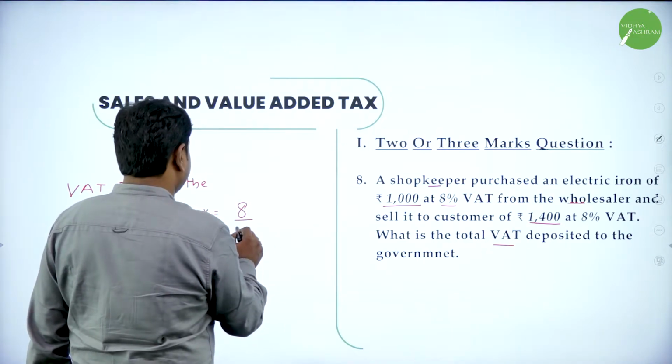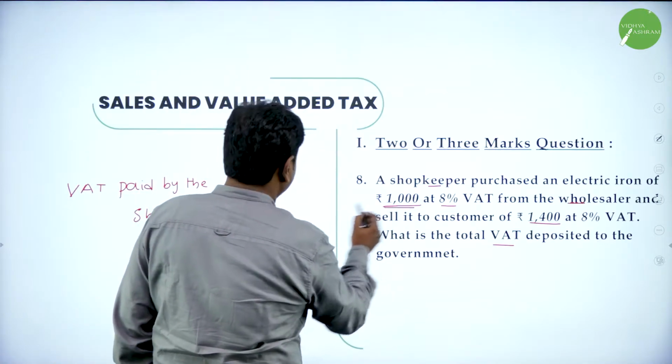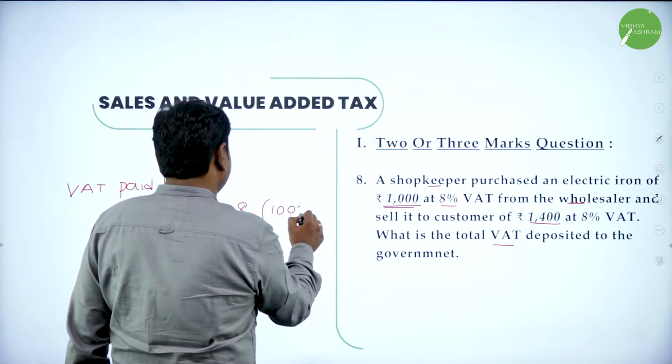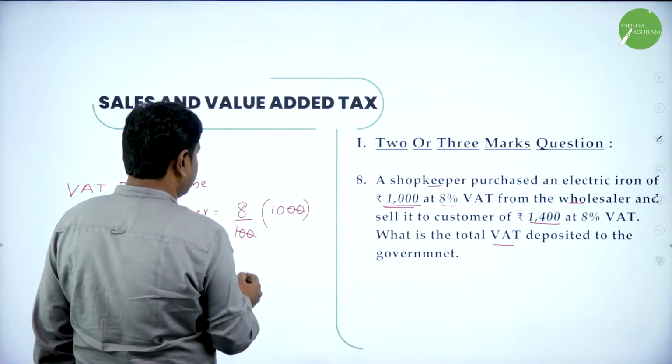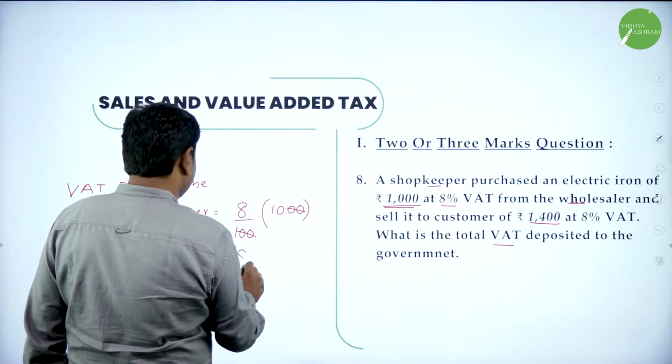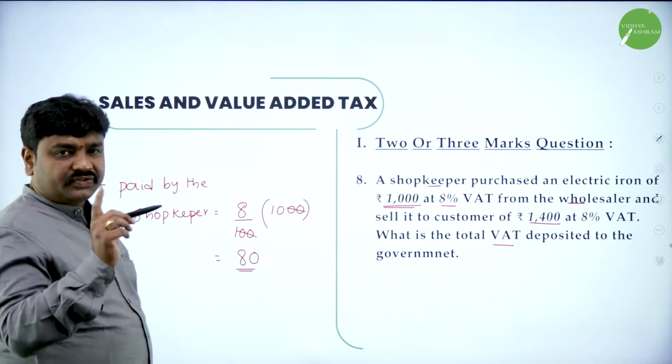VAT percent, 8% of the purchase amount. So he is purchasing for what? 1000 rupees. For 8% for 1000 rupees. So 0 cancels. So 8 into 10, 80 rupees. This is the VAT paid by the shopkeeper in the first stage.